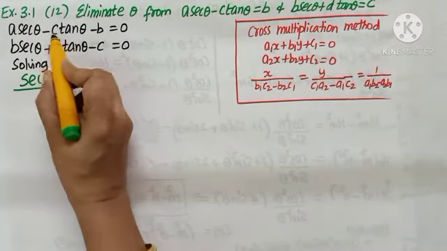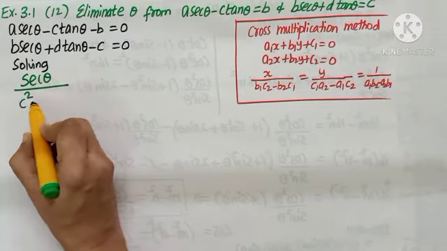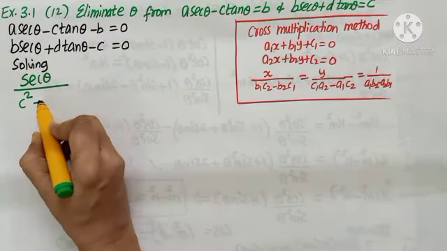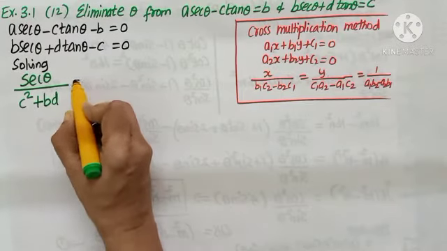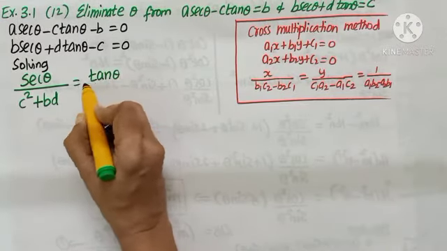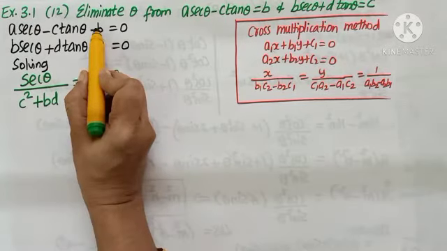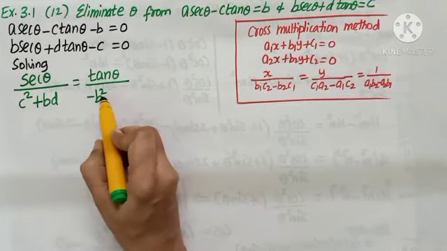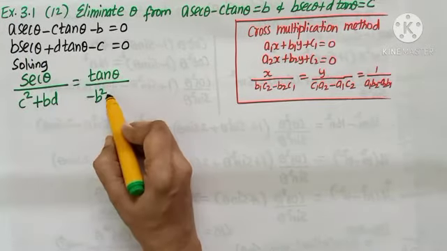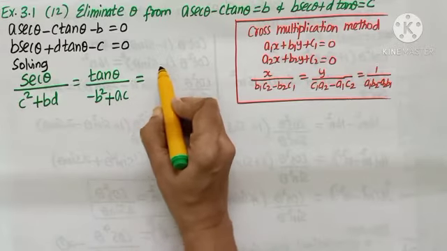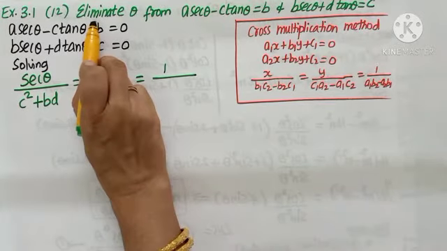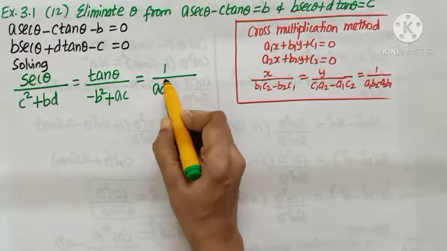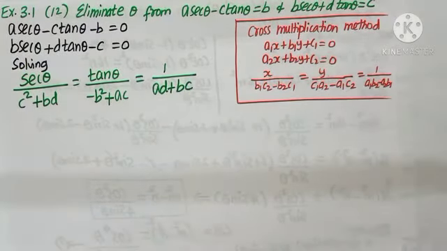Multiply this: minus c into minus c, square, minus d into minus b. Already one minus, here one minus, together plus bd. Equals tan theta divided by minus b into b, minus b square, minus a into minus c, so plus ac. Equals 1 by, hide the last column, AD plus BC.